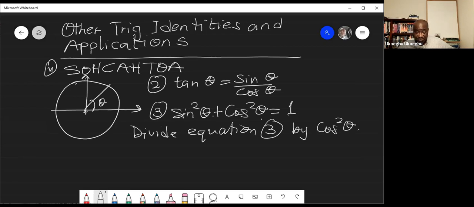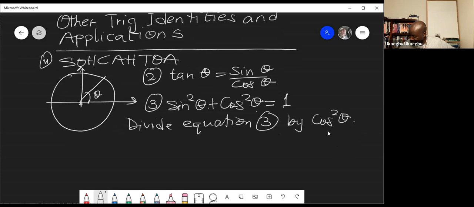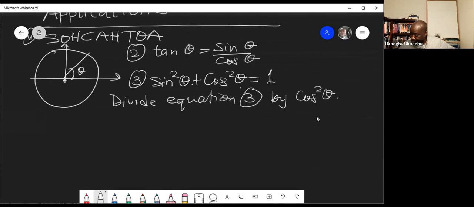That means every term in equation 3 is divided by cos squared theta. You can as well divide by sine squared theta, but let's divide by cos squared theta and see what it gives us. We are just trying to manipulate and create more equations.